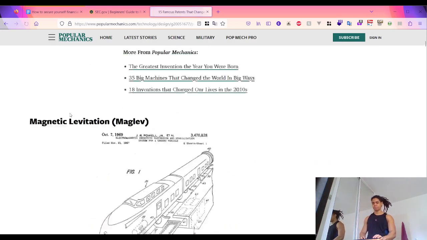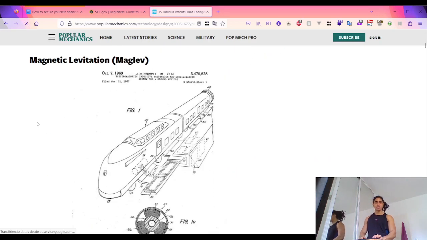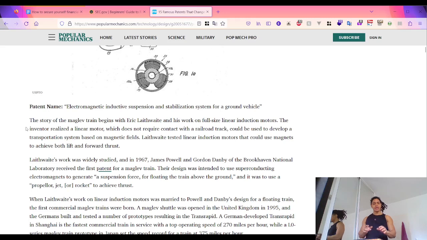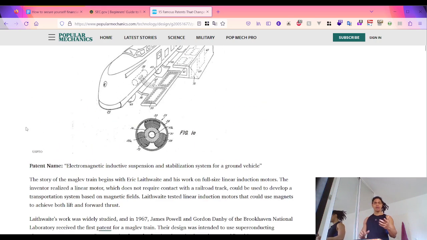Okay, so maglev, or magnetic levitation, is an electromagnetic inductive suspension and stabilization system for ground vehicles.